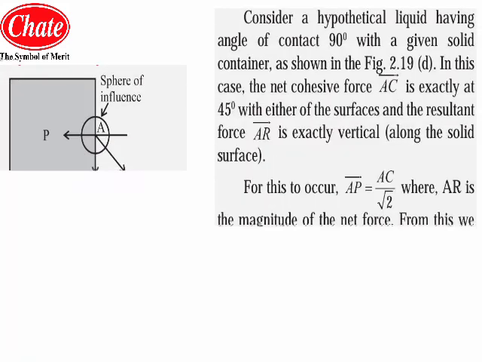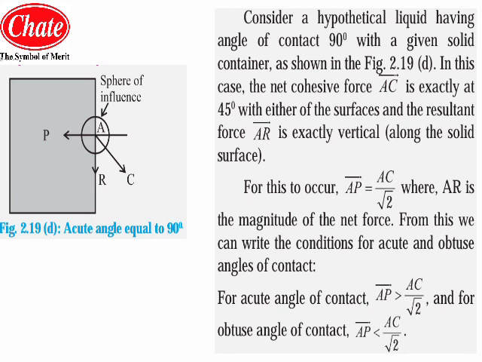Now we will see the last case, in which the angle of contact will be 90 degrees, and the condition for convexity and concavity, as you can see in the diagram. You can see the sphere of influence around the molecule A there. Now consider a hypothetical liquid having an angle of contact of 90 degrees with the given solid container as shown in the figure.